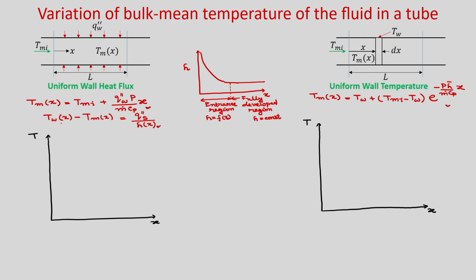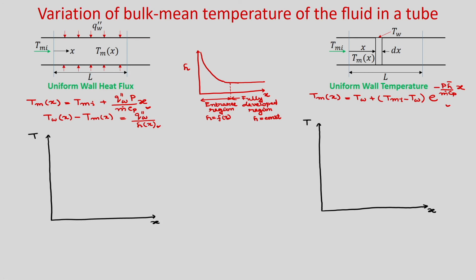So, you can see that T w minus T m, which is q double prime w by h x. So, in fully developed region h x is constant, hence T w minus T m will be constant. Okay.